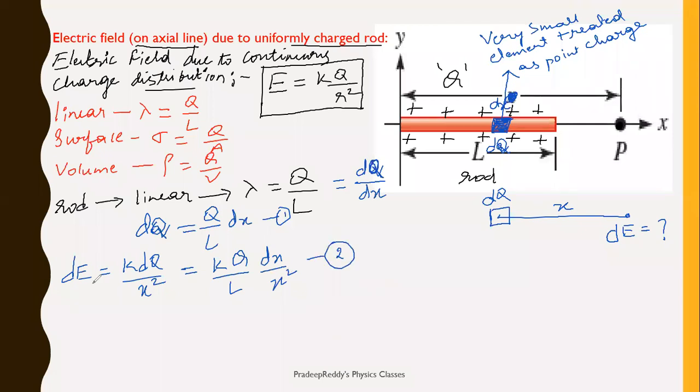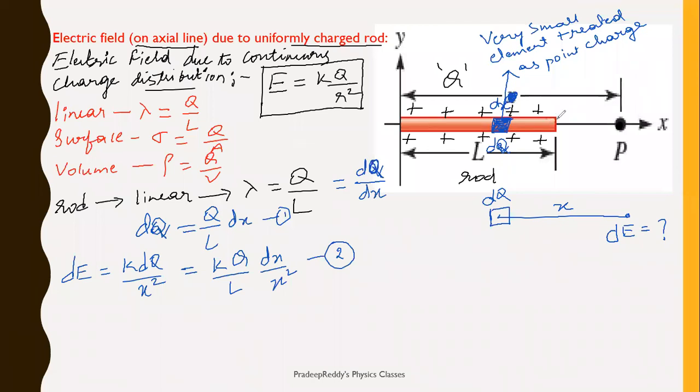Now, because of this very small element, there is a field dE. I want to find the total field due to the total rod. For that, I will take this rod and cut it into very small portions like this.